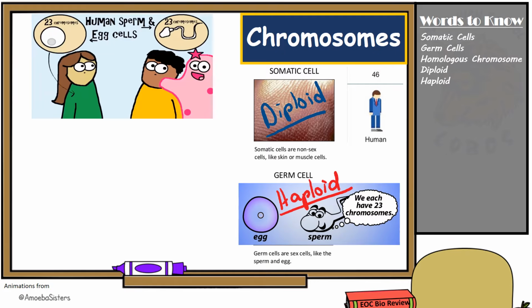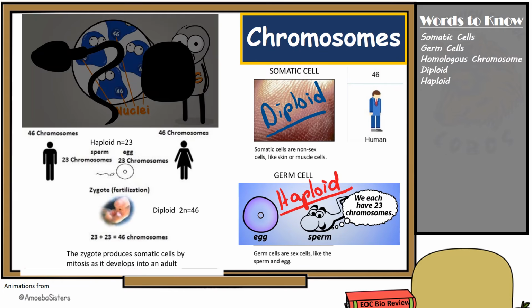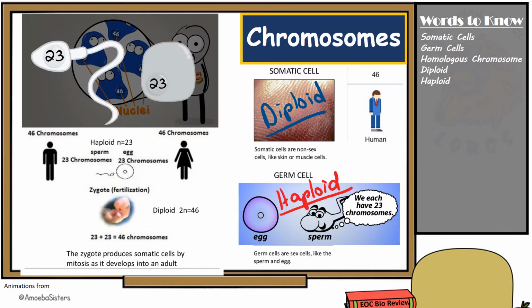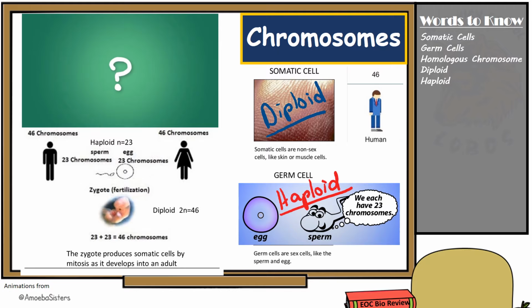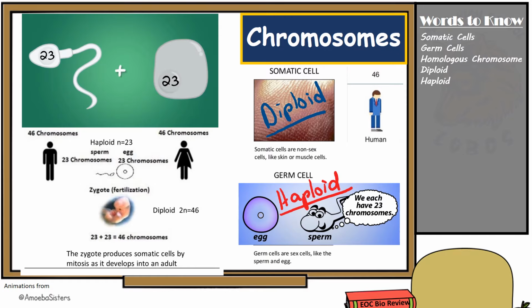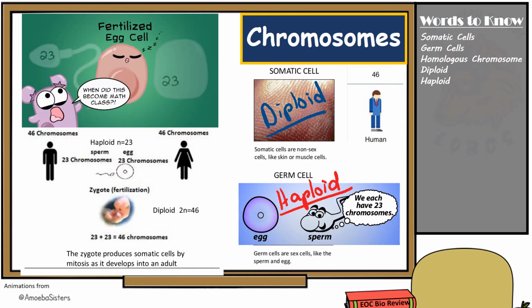So in humans, that would mean 23 chromosomes in their sex cells. These sex cells are haploid because eventually they're going to go through fertilization, in which the haploid set of chromosomes from the dad will unite with the haploid set of chromosomes from the mom and develop a zygote, which is basically a diploid set of chromosomes. That means that each pair consists of one chromosome from each parent.